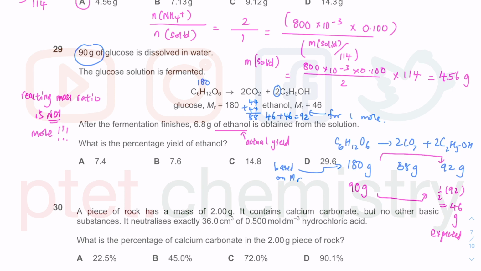But then how much you actually get, percentage yield means how much you actually get, which is 6.8 gram divided by the 46 gram times 100%. So 6.8 divided by 46 times 100%, I get 14.8%, so 3 significant figures. So that has to be option C there.